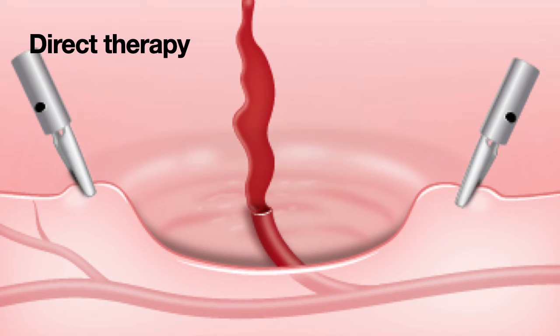Although clips are very useful in controlling bleeding, in some cases, despite your best efforts, you may not be successful in controlling a brisk bleeding. And in that case, you may decide to send the patient for emergency angiogram for coil placement.